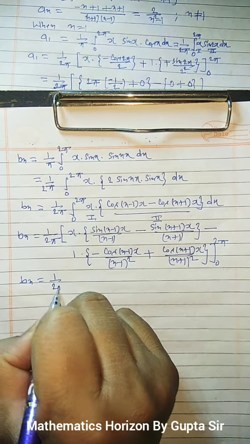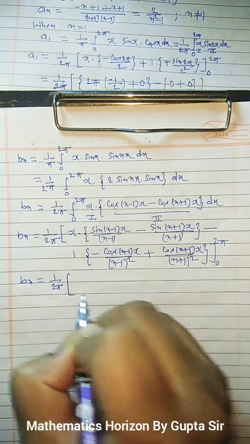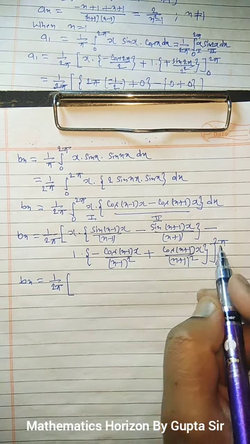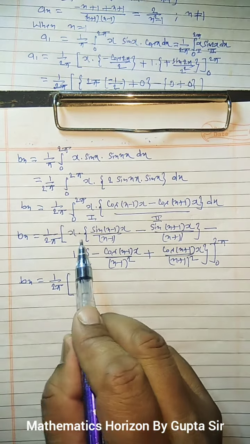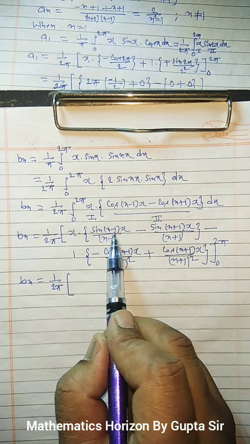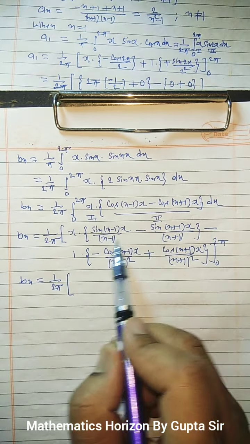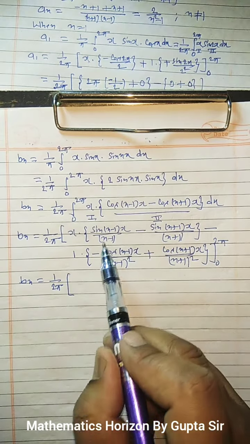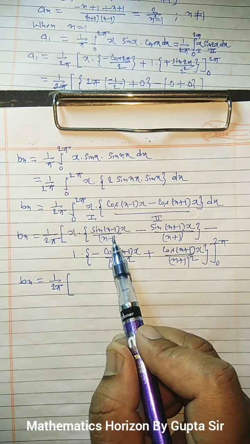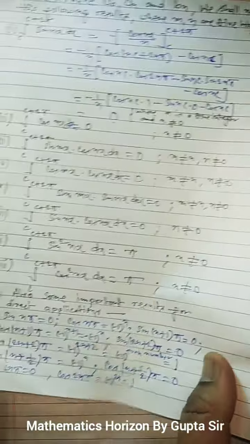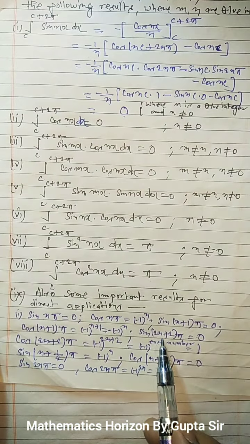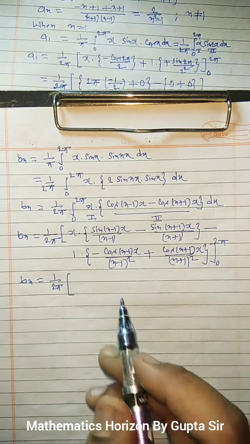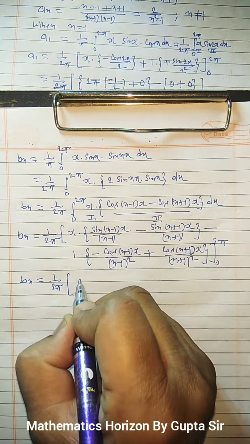One upon 2 pi. First we apply the upper limit. Upper limit is x equal to 2 pi. Here when we put upper limit x equal to 2 pi, here 2 pi sin 2n minus 2 pi upon n minus 1 and sin 2n plus 2 pi, and we know that sin 2n minus 2 pi and sin 2n plus 2 pi are all equal to 0. Means first term is 0.